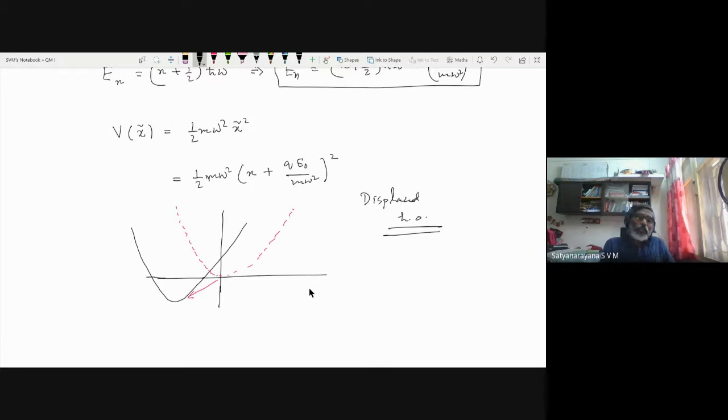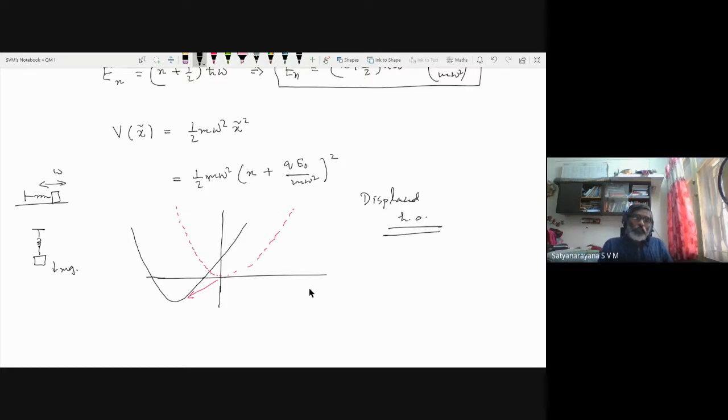It is exactly like in the classical situation, where you have a spring and a block with a certain equilibrium point, and it makes oscillations around this equilibrium point with the frequency omega. Now, suppose you hang it in gravity, so there is an additional gravitational force acting on it, some mg. Then the frequency will not change, but the equilibrium position will change.